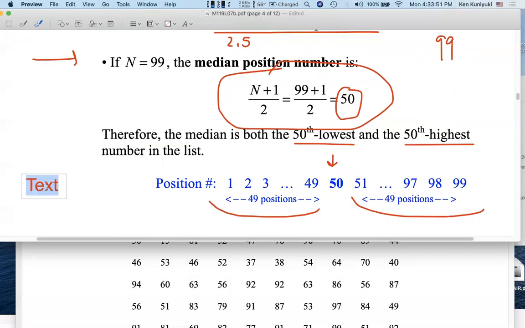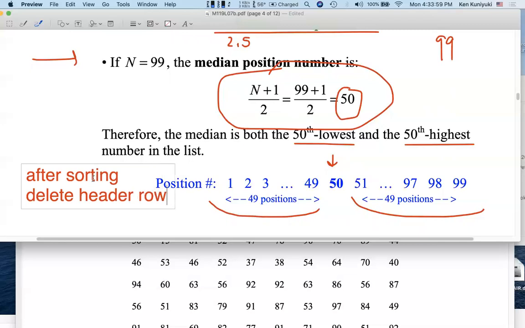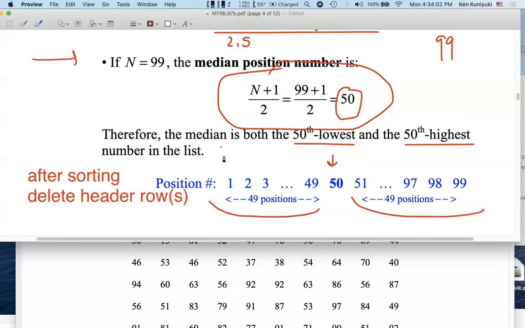Remember, this is after sorting, and you have to delete any header rows, like our row number 1 was. All right. We'll look at some more measures of center, or I should say representative measures of center, later.